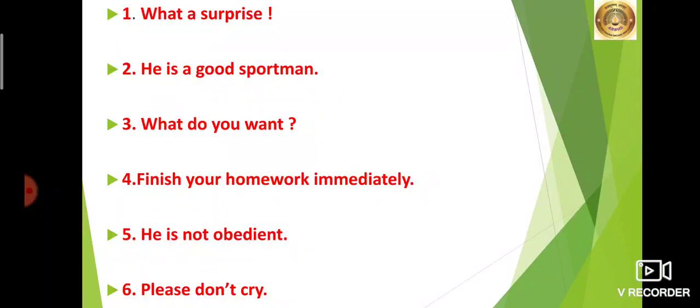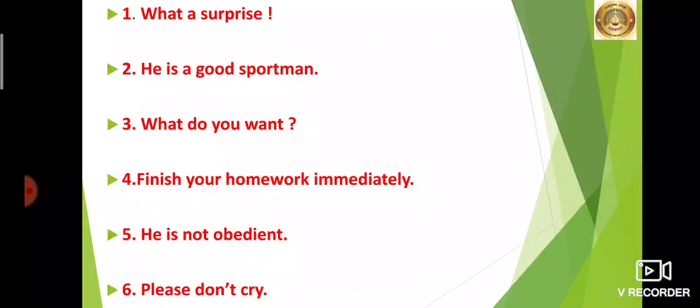What do you want? This sentence is asking a question and has a question mark, so it is an interrogative sentence. Finish your homework immediately. It is a command. And what is a command? A command is an imperative sentence. He is not obedient.